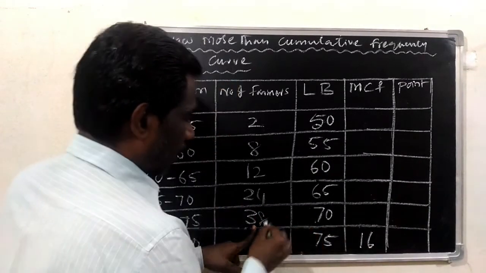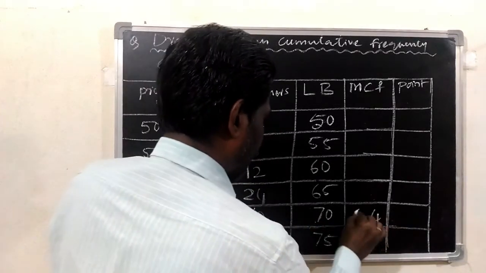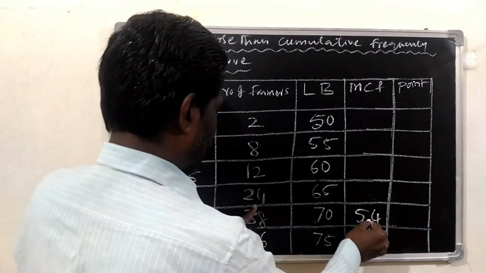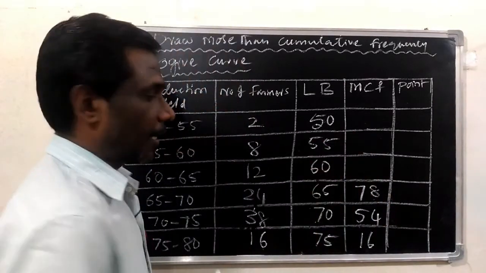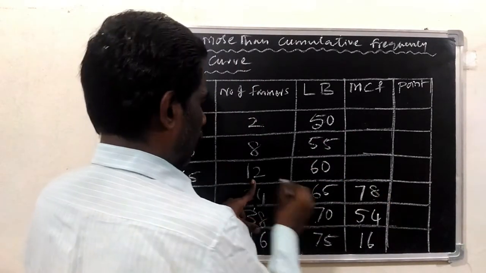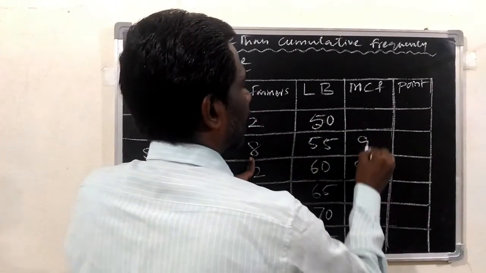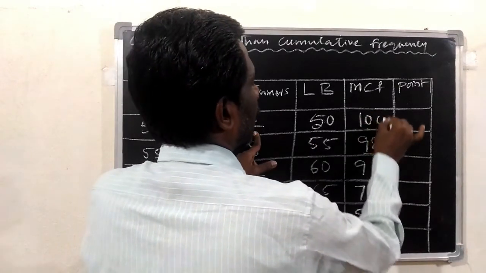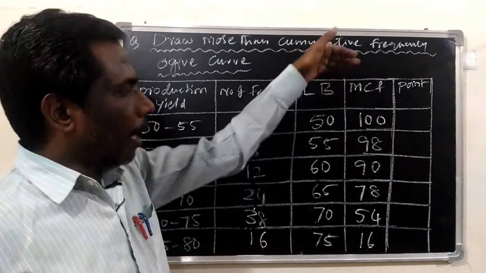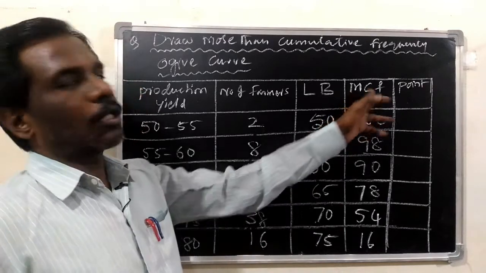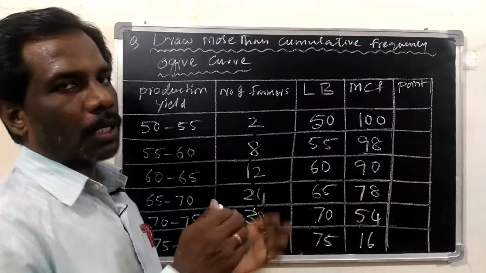So 60 plus 38 is 98. Again 98 plus 24 is 122, and so on, down to 100 on the first row. So for less than cumulative frequency we add from up to down, and for more than cumulative frequency we add from down to up. That is the only difference.